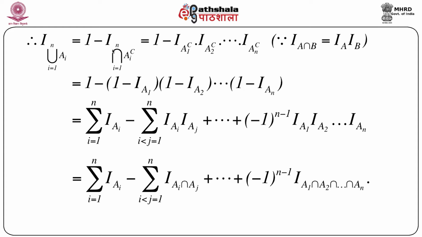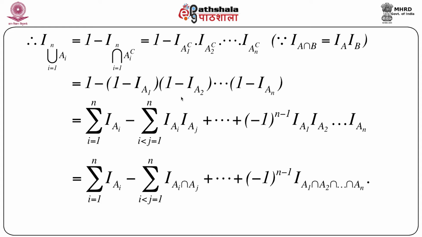That means it becomes 1 minus I of A1 complement into I of A2 complement into up to I of An complement. Now again apply the same result, that I of A complement equals 1 minus IA, for each of these Ai complements. So this becomes 1 minus I of A1 into 1 minus I of A2 into 1 minus I of An.